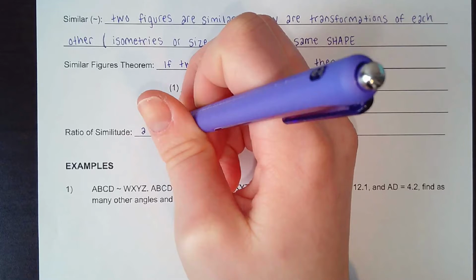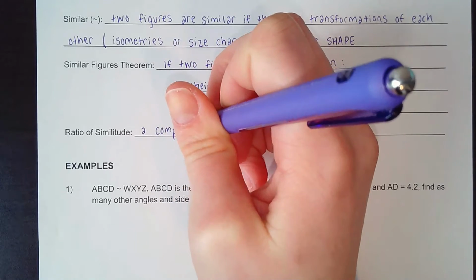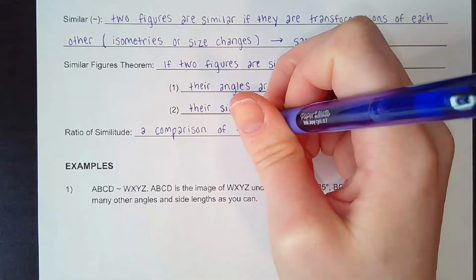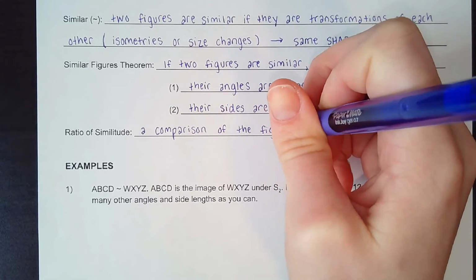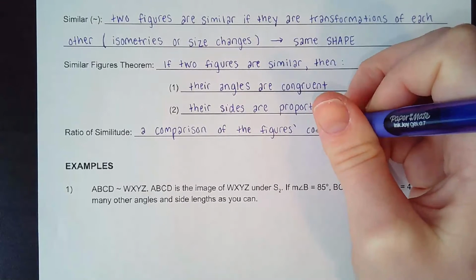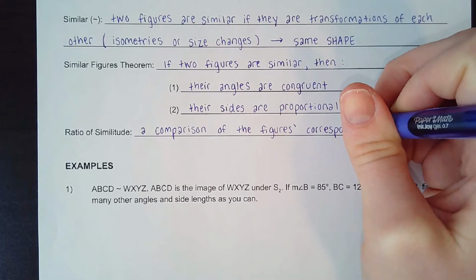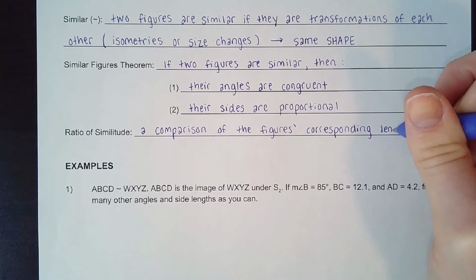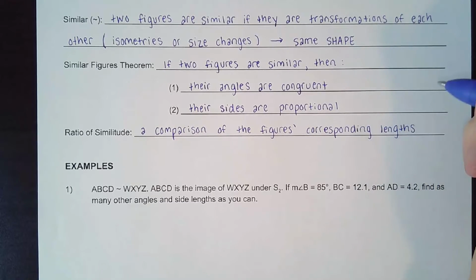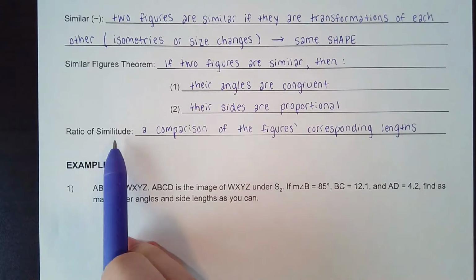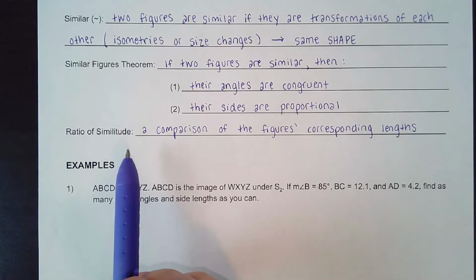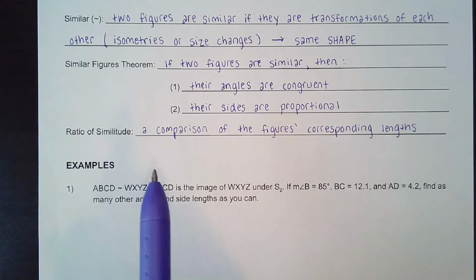A ratio is a comparison of two numbers of the figures' corresponding lengths. So we can find matching sides and we can set up a ratio, and that would give us the ratio of similitude. And this ratio will be the same for any set of sides within those similar figures. They should all be the same ratio in order to be proportional.